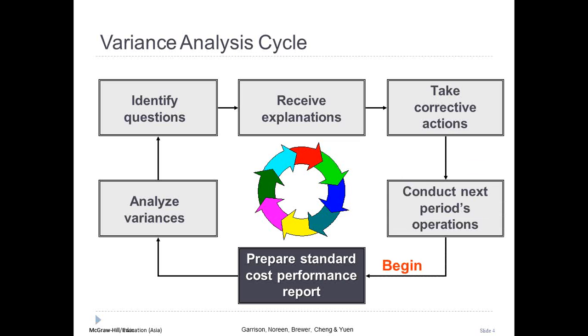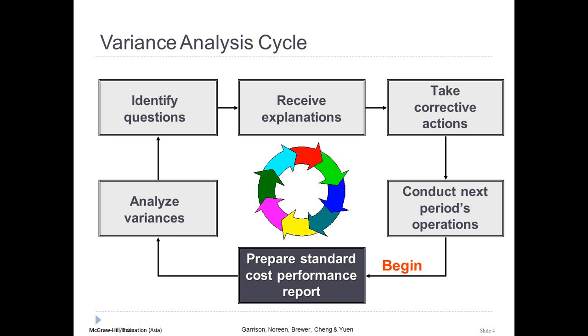The variance analysis cycle is a continuous process used to identify and solve problems. The cycle begins with the preparation of standard cost performance reports in the accounting department. These reports highlight variances, which are differences between actual results and what should have occurred according to standards.